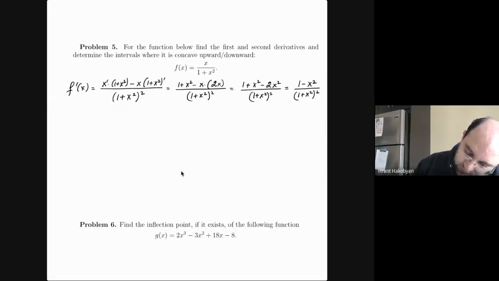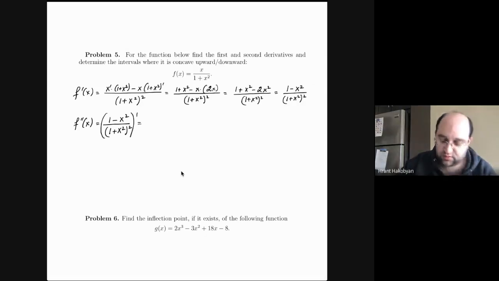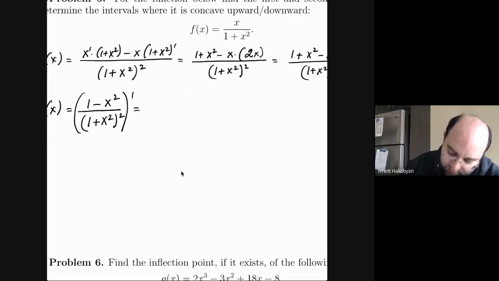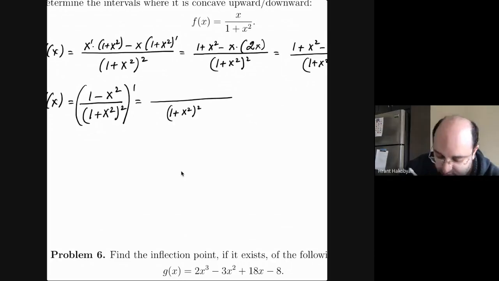Okay, so that's the first derivative. So let's do the second derivative. So f double prime of x is the derivative of 1 minus x squared divided by 1 plus x squared squared. Again, this is a fraction, so I have to use the quotient rule. I need the denominator squared, so it's going to be 1 plus x squared squared, and again squared.